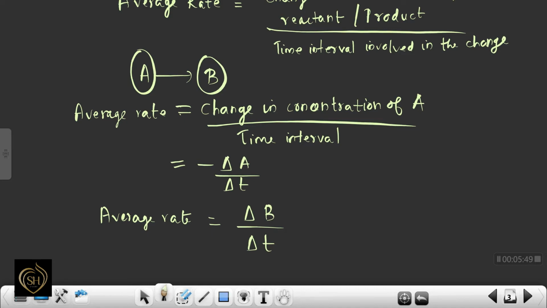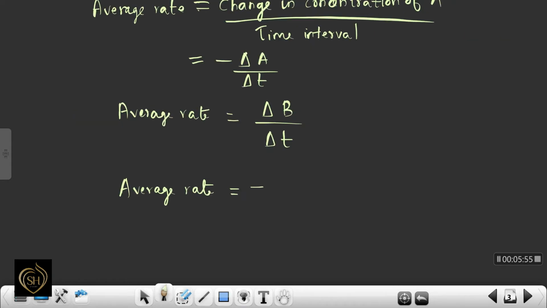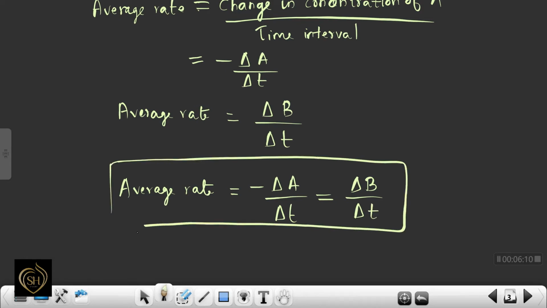So minus delta A by delta T is equal to delta B by delta T. That is, average rate is equal to the rate of disappearance of reactant, minus delta A by delta T, which is equal to the rate of appearance of product. This is the equation for average rate.